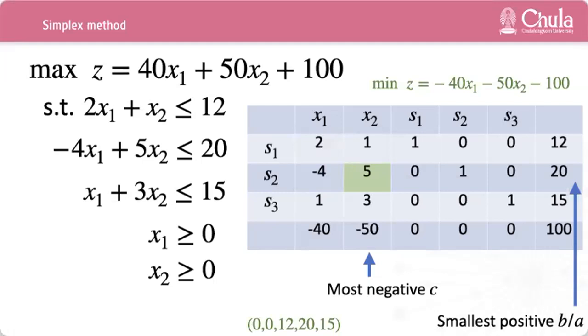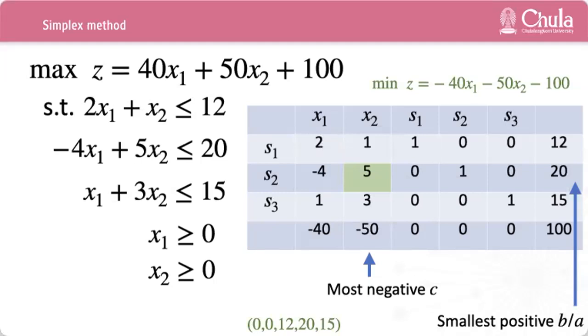Because the coefficient of x2 is minus 50, this is the most negative. So we should put x2 in the set of basic variables.